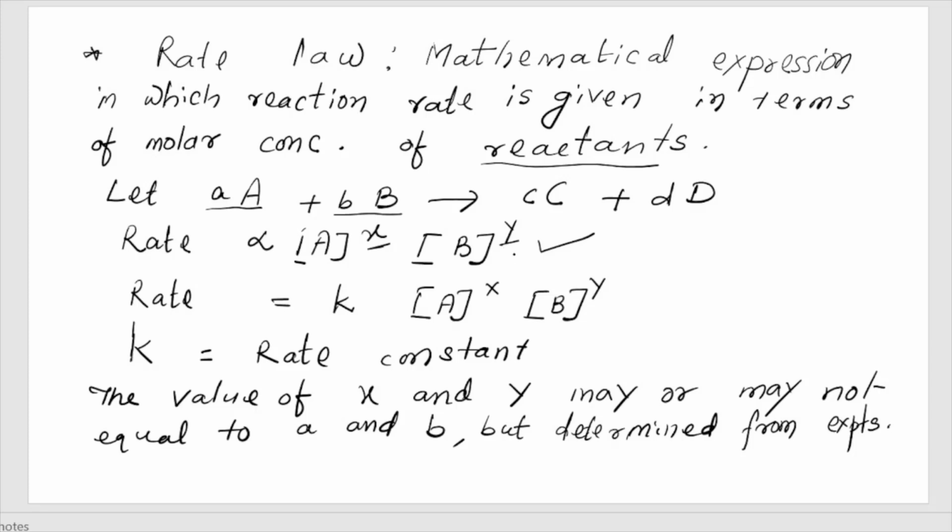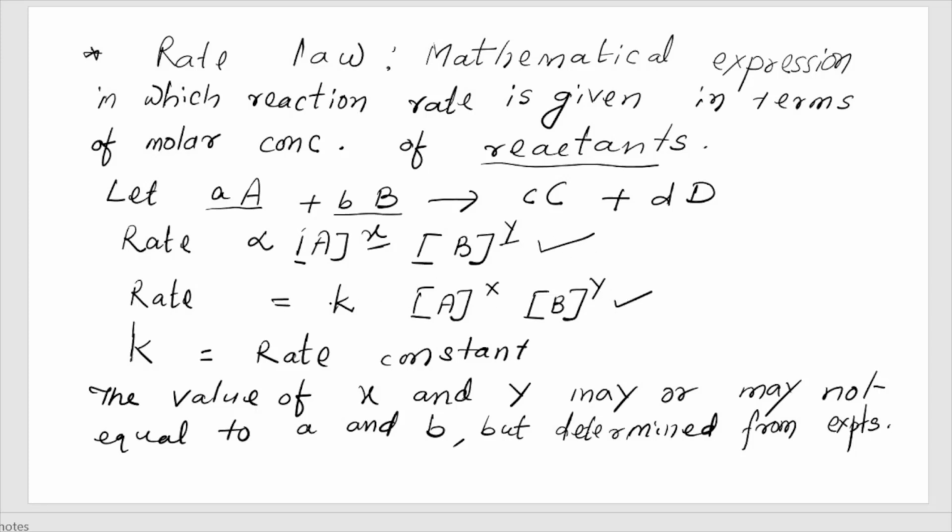From experiment the value is correct, and after that you can check, yes, X is equal to a, yes, Y is equal to b, or may not be equal to a and b. So here if you write rate proportional to this, what does this mean? Molar concentration of A to the power X, molar concentration of B to the power Y.